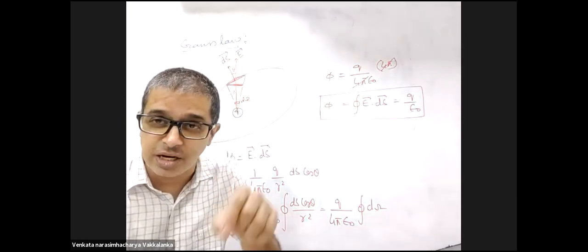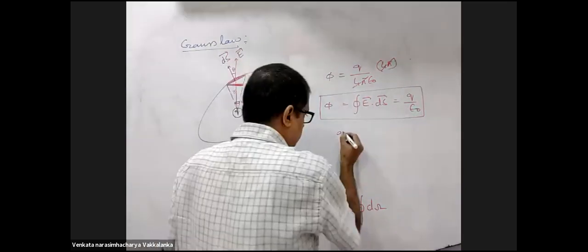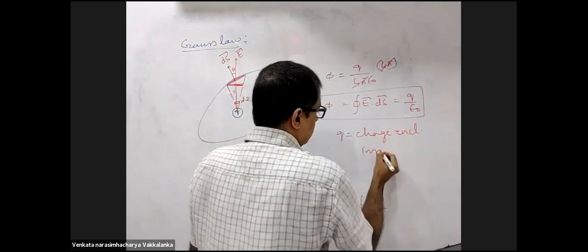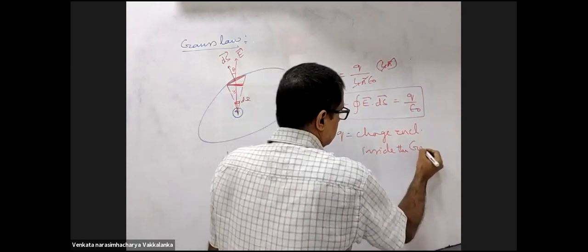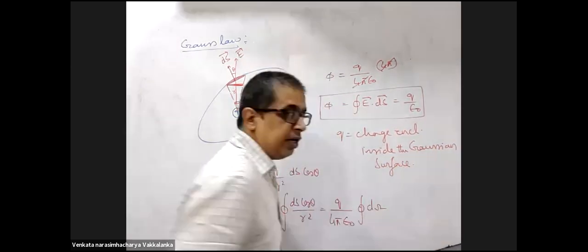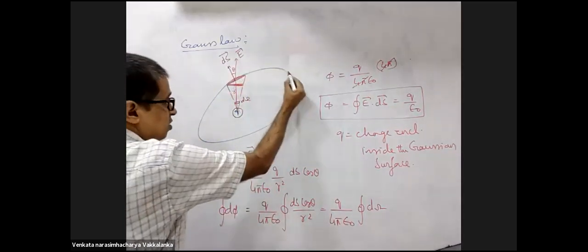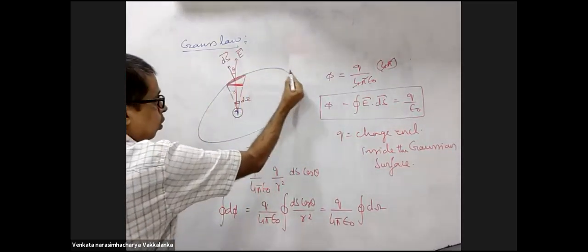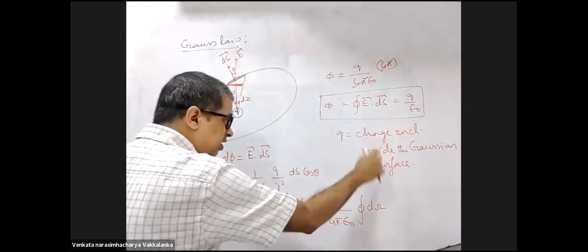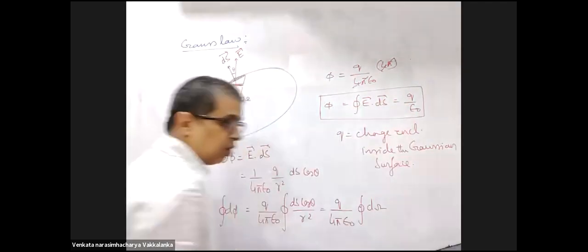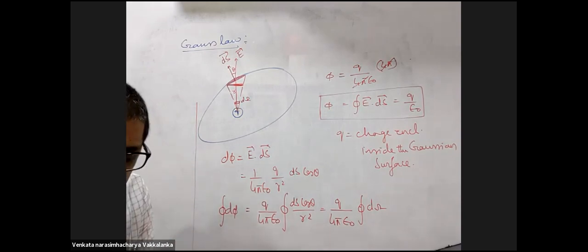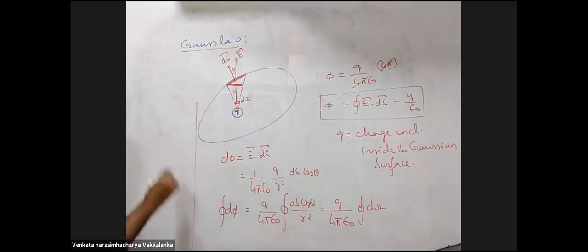Q is the charge enclosed inside the Gaussian surface. You used a new word called Gaussian surface. This surface is called Gaussian surface. Whatever is the charge enclosed inside the Gaussian surface, divided by epsilon naught is the flux through that surface.